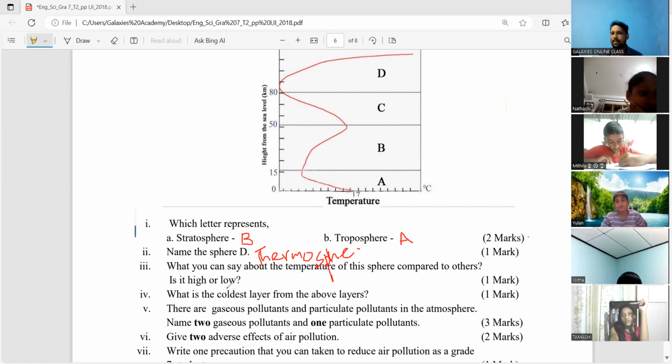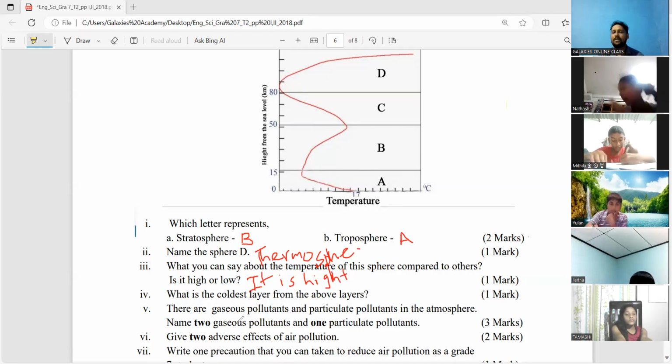Is it high or low? High. Number 4: what is the coldest layer in the above layers? Mesosphere.